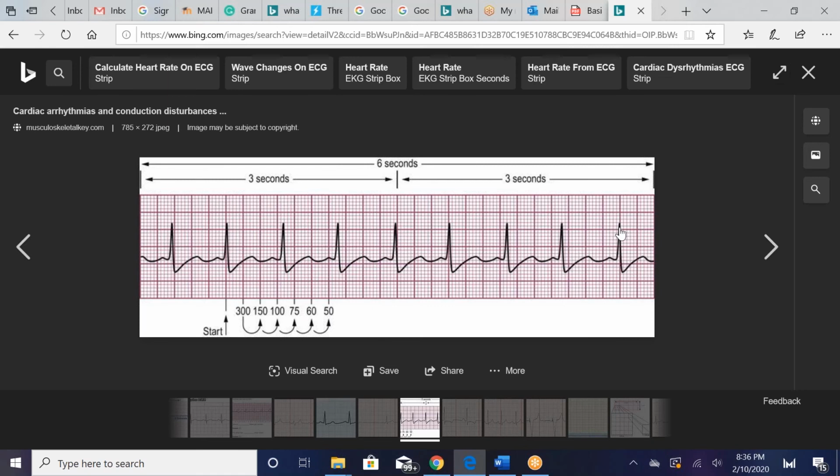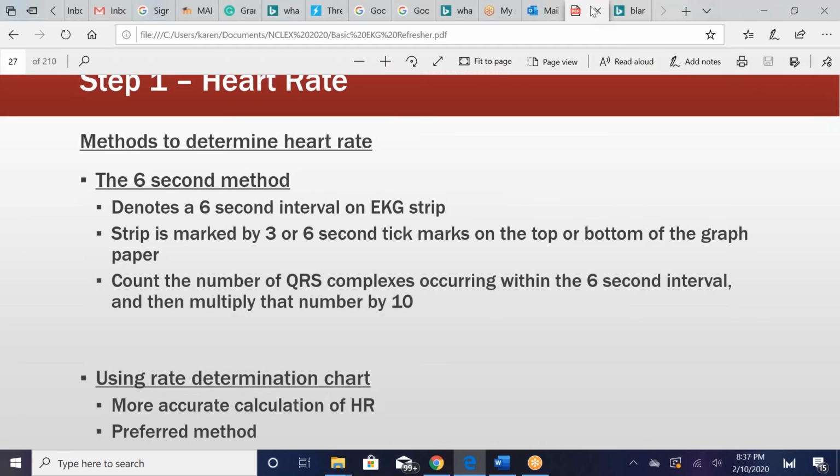That's 9, and I'm going to multiply it by 10. So 9 times 10 gives me 90. So that tells me that the heart rate is 90. On a 6-second strip, you count the QRS complexes. I go to the top of the R and count the R's, how many of them, and then I multiply it by 10.